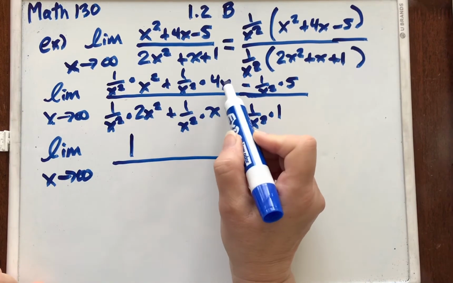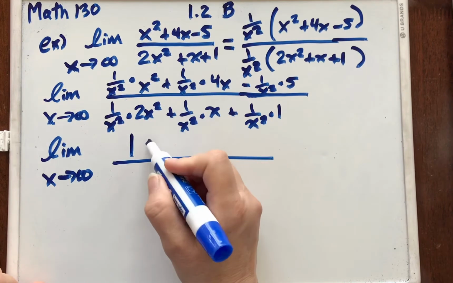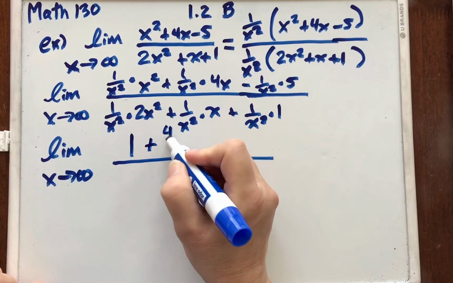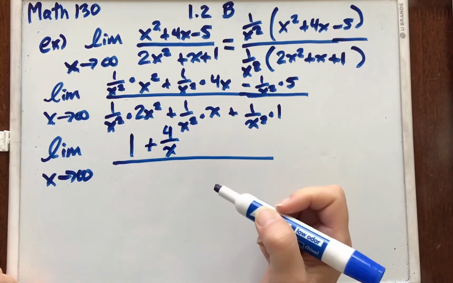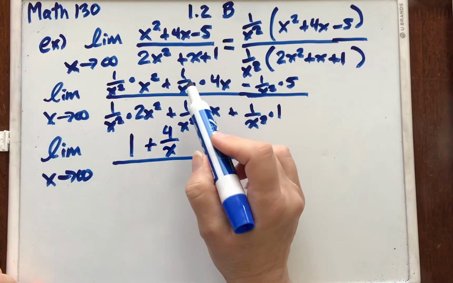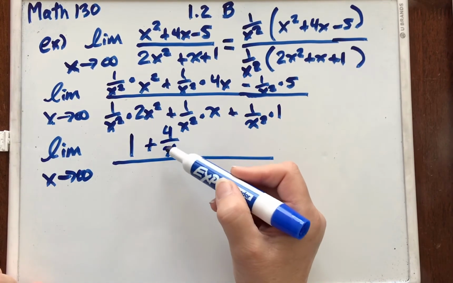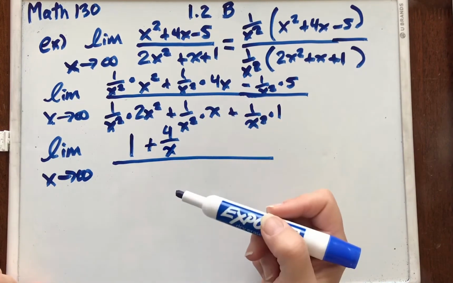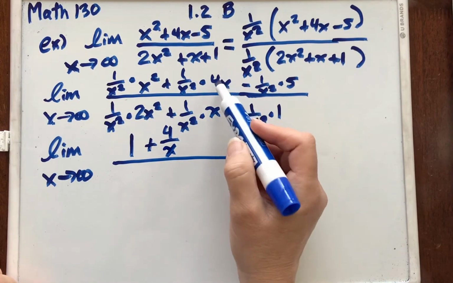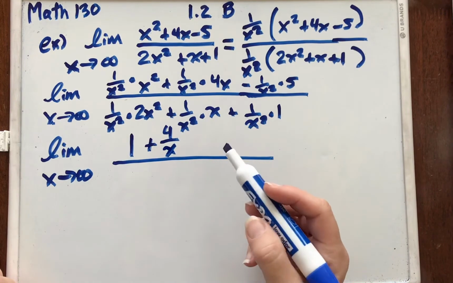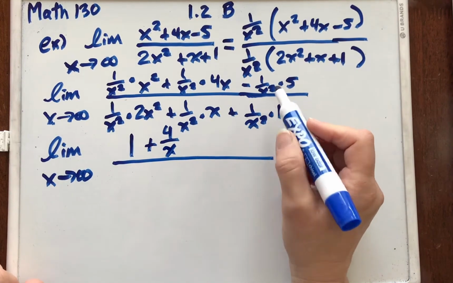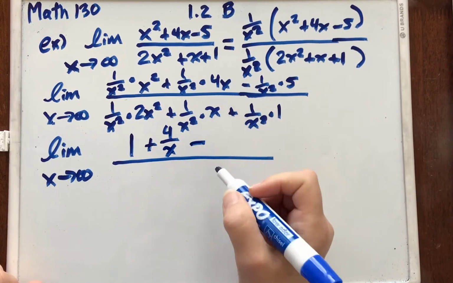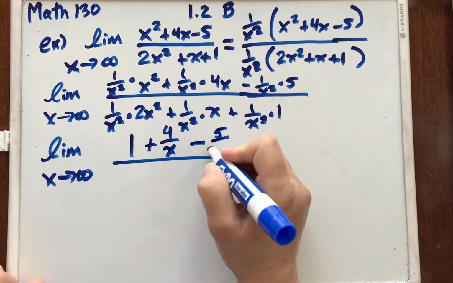There's an x that cancels out, and we're left with a 4 in the numerator and an x in the denominator. 4x times 1 over x squared is 4 over x, because one of the x's cancels out, and the 4 goes in the numerator. Let's continue. Now we have minus, because of that minus sign, 5 over x squared.